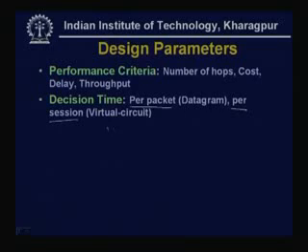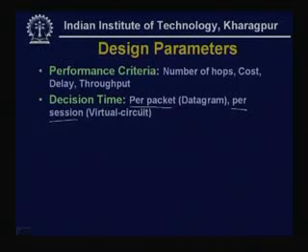For example, in virtual circuit network, as you know, for a particular session a virtual circuit is established and all the packets for that session or during that session are sent through the same route or path. So, decision time is important whether it is per packet basis or per session basis, and accordingly you have to use a datagram type packet switching or you have to use virtual circuit packet switching.